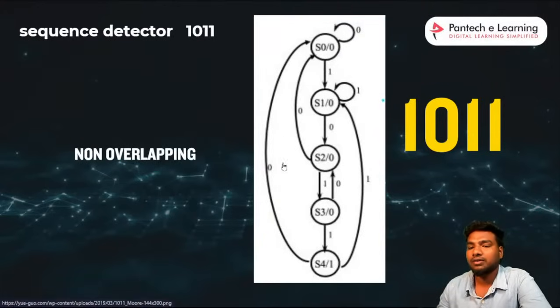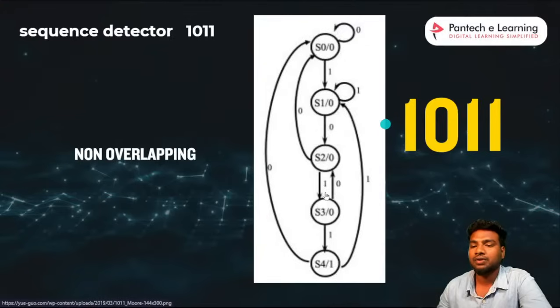But if you are writing the Moore machine, you will get the output at the current state only. So you will get the output based on the current state only. For that reason, we are using one additional state for the Moore machine. So my sequence selection is 4-bit only, but I am using 5 states.